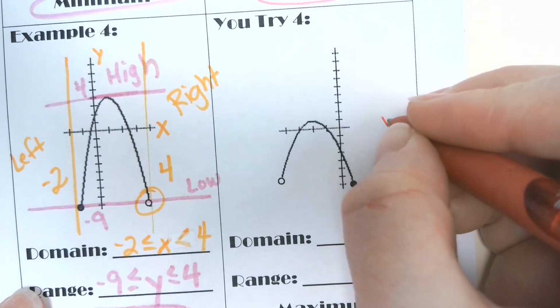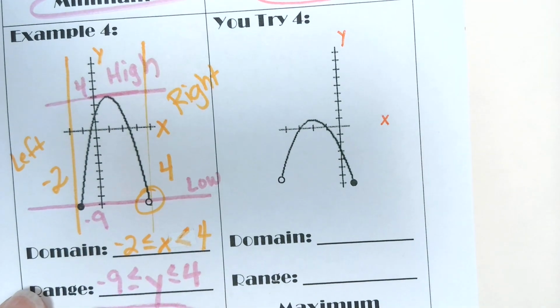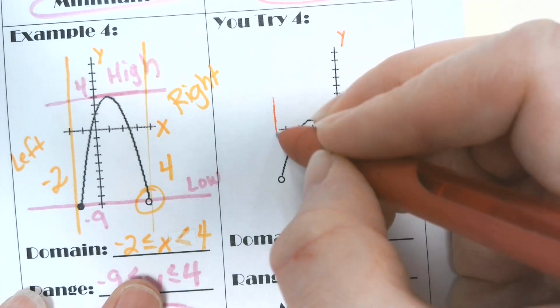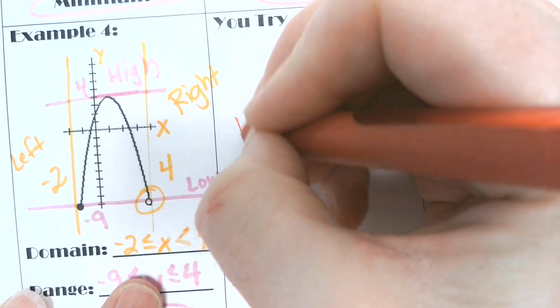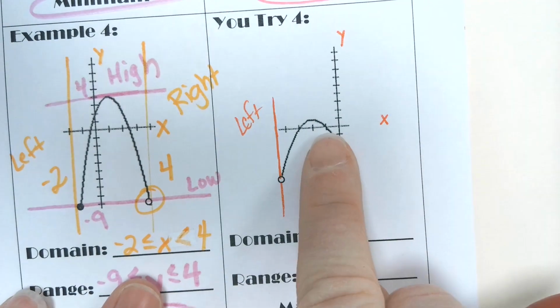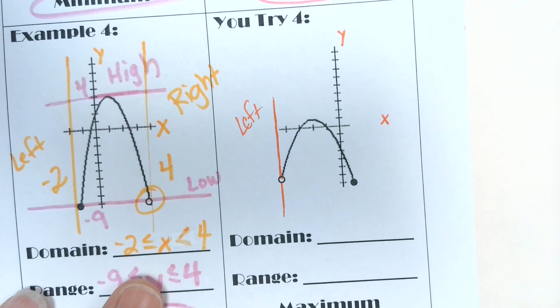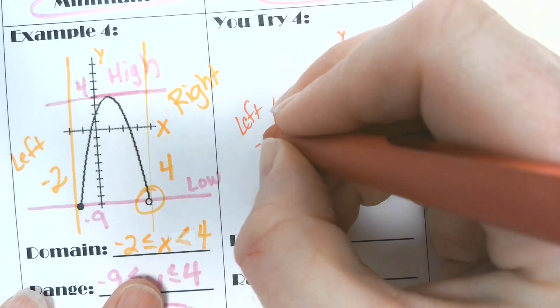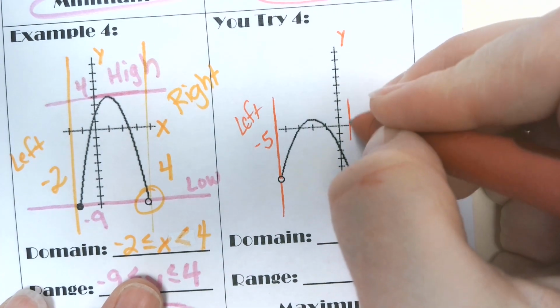Label our x-axis and our y-axis. So for domain, we go left and right. Looks like it goes right there, right? It's not exactly on 1, 2, 3, 4. So what could we say that is? Yeah, -5. And then how far right would that be?